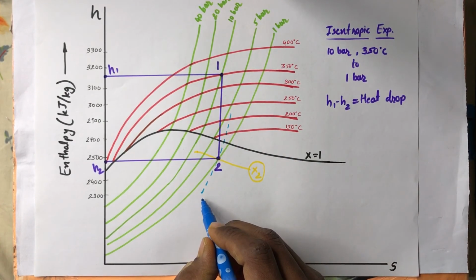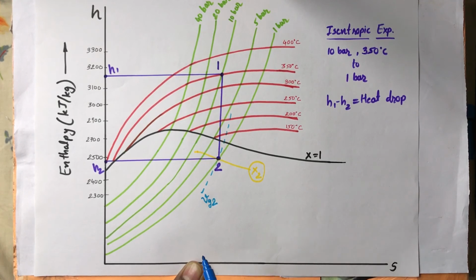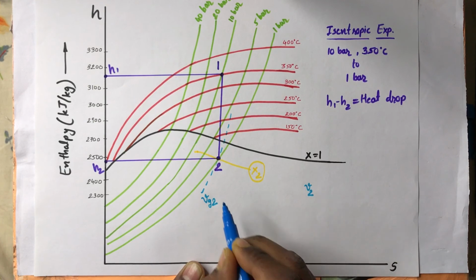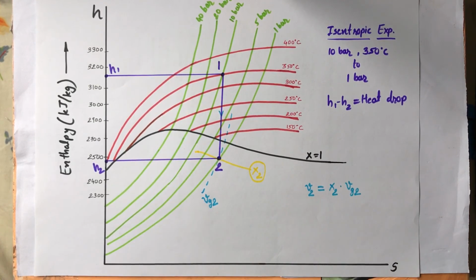This dotted line shows Vg at point 2. Now to find the specific volume of wet steam at point 2, you have to multiply this Vg2 with x2. This is how Mollier diagram is used to find the properties of steam during any process.